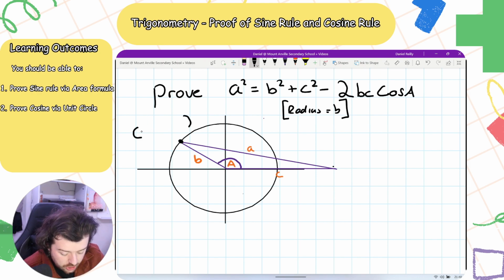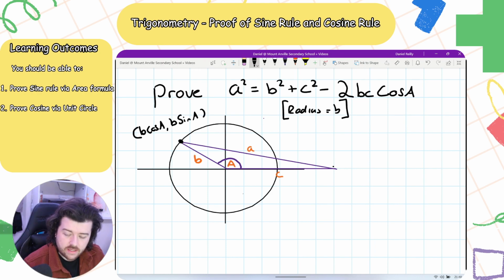So the coordinates for this point are b cosine A and b sine A. The coordinates on this vertex are just 0, 0, because it's the origin.